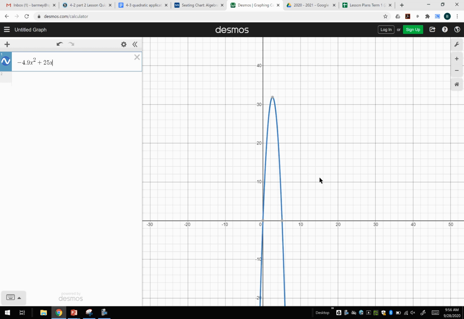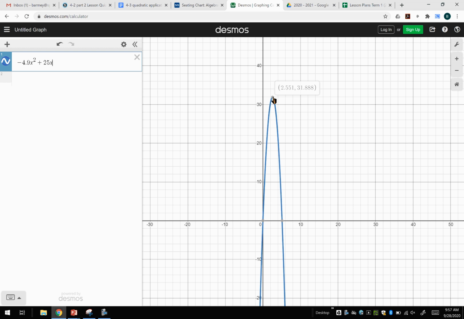Like I said, we can use Desmos to check. I was just giving a quick sketch of the parabola, but in Desmos you can literally take your cursor up and it will identify the vertex for you. We can see on Desmos our vertex is at 2.55, 31.88. We rounded to 2.55 on our own, and we got 31.89.